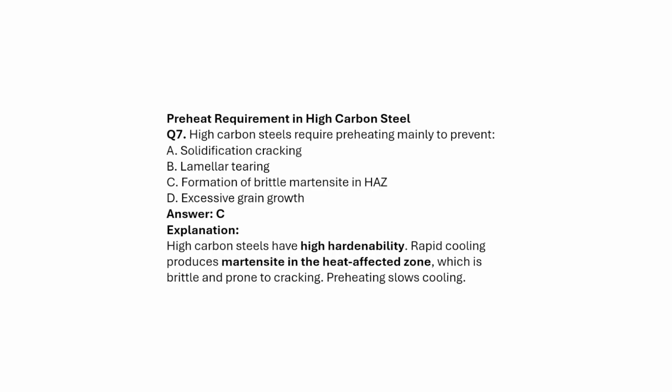We want to avoid that, so we provide the preheat treatment. The answer will be C. High carbon steels have high hardenability. Rapid cooling produces a martensitic heat affected zone, which is brittle and prone to cracking. So preheat treatment slows the cooling rate, and that prevents the formation of the martensitic phase in the HAZ.